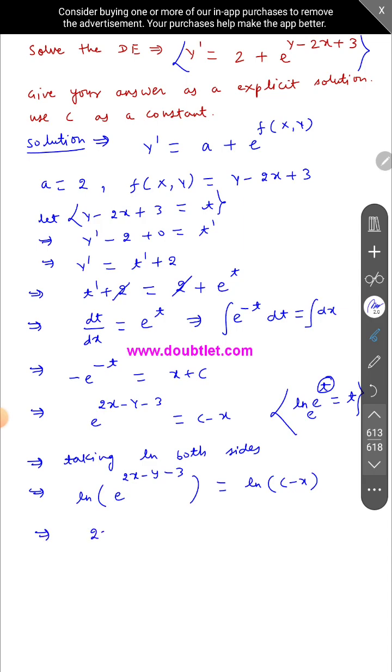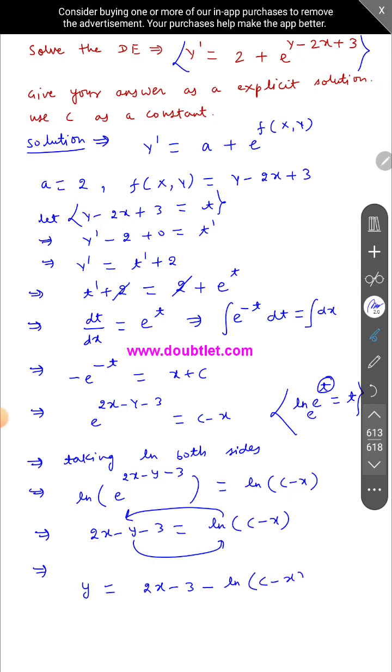Then this will become 2x minus y minus 3 by using this formula. Okay, this will become ln of c minus x. And if we take y to this side and this term to the other side, then we can write this as y is equal to 2x minus 3 minus ln of c minus x.